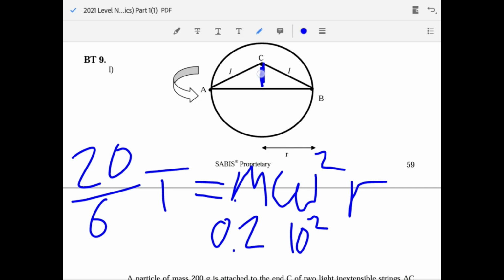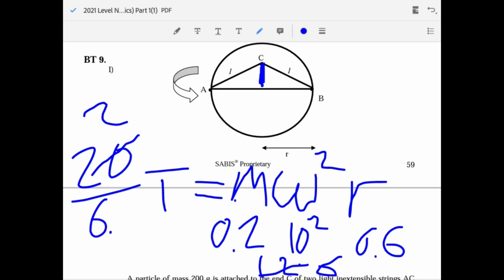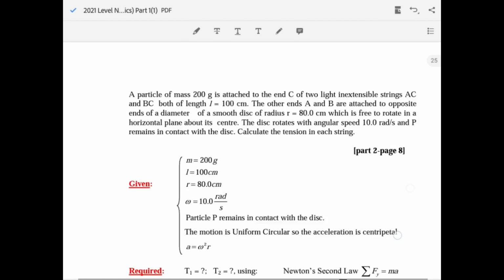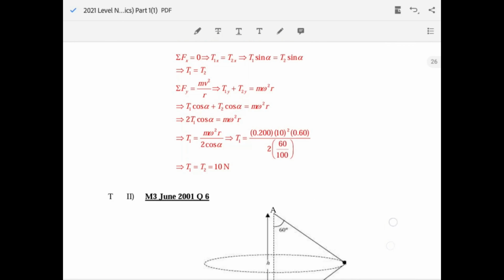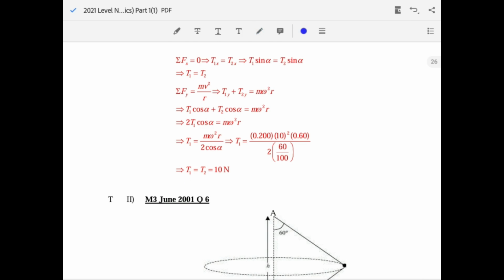R is the distance here, and by Pythagorean you get 0.6. So then you just resolve it, and you get 12 here, 6 goes up, 12, 6, 2. Put it in your calculator, you'll get the answer. As you see here, done.